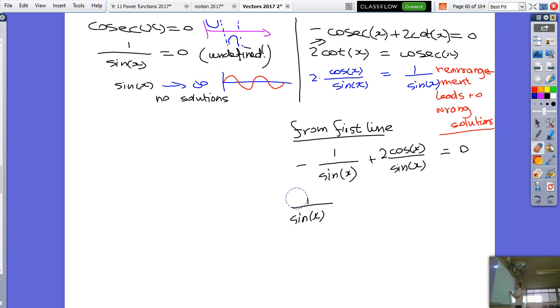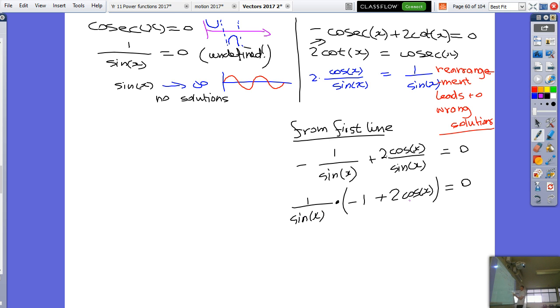We'll keep that bit. Now we'll end up with a negative 1 plus 2 cos of x. Well, then that goes to 0. And then again we use null factor law.